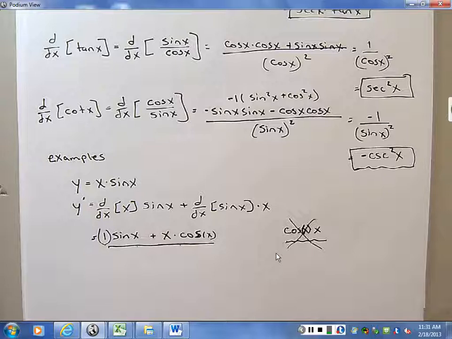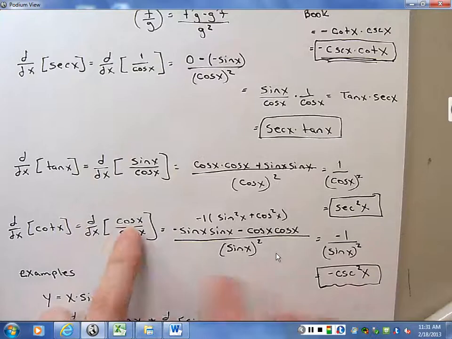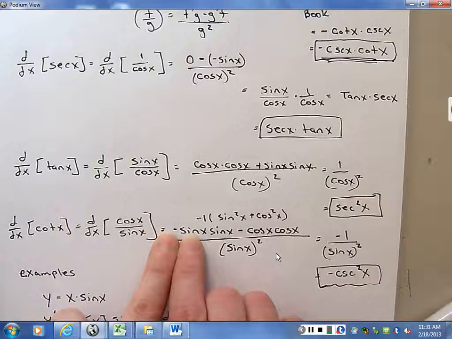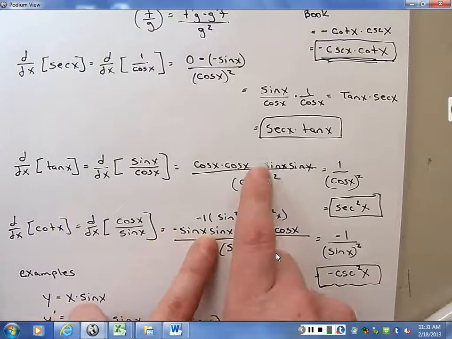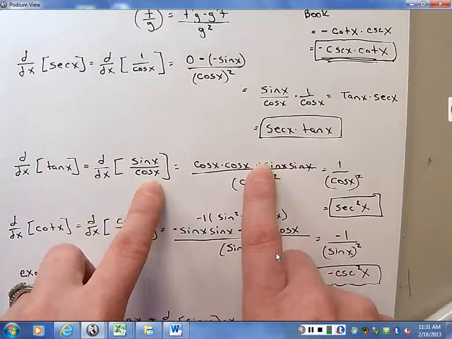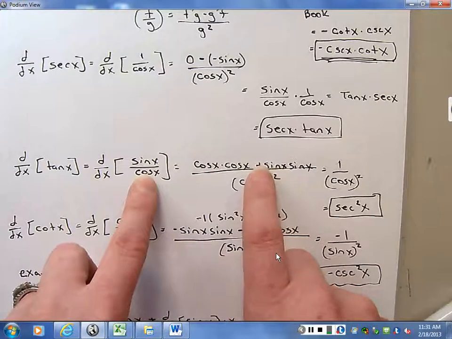I can't figure out why on tangent of x we added, but then cotangent of x we subtracted. Well, because here I took the derivative of cosine, which is minus sine, so I subtracted here. Here I took the derivative of sine, which is cosine, hold the bottom, minus the derivative of cosine, which is minus sine. Minus minus is plus.